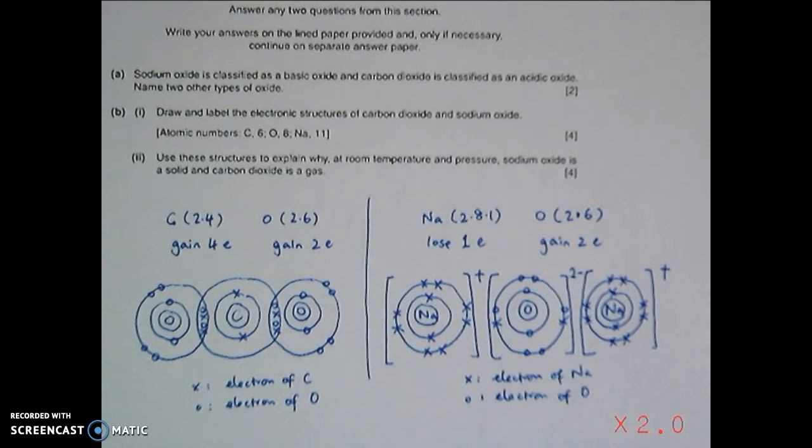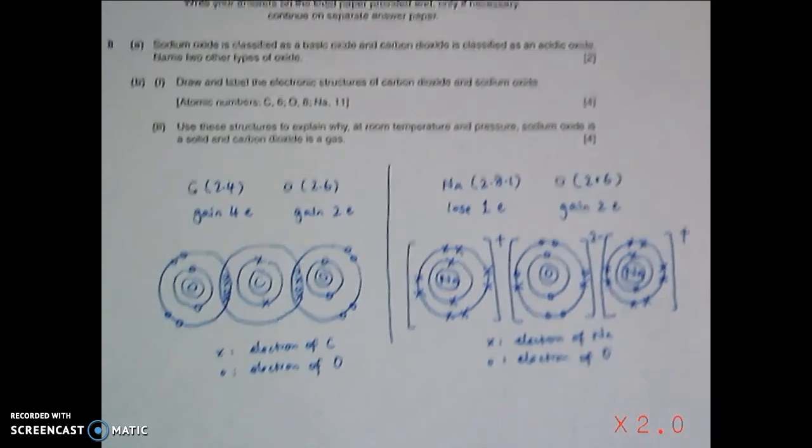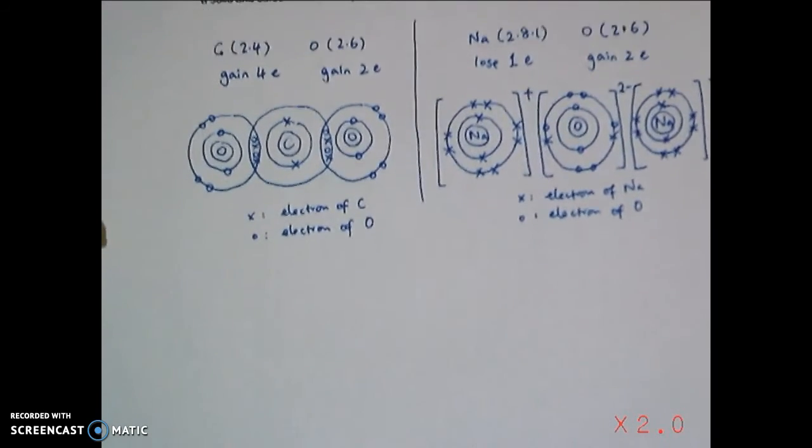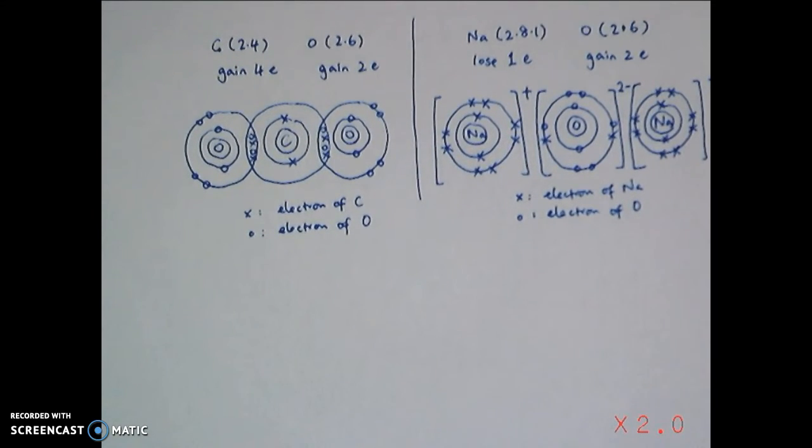And this is the completed dot and cross diagrams. Now for the second question, use these structures to explain why.